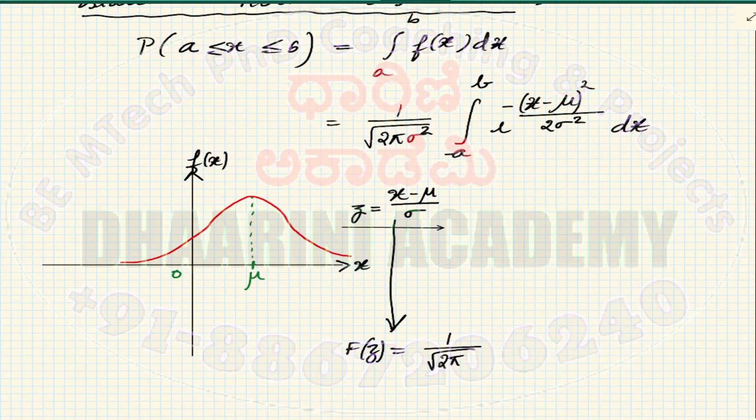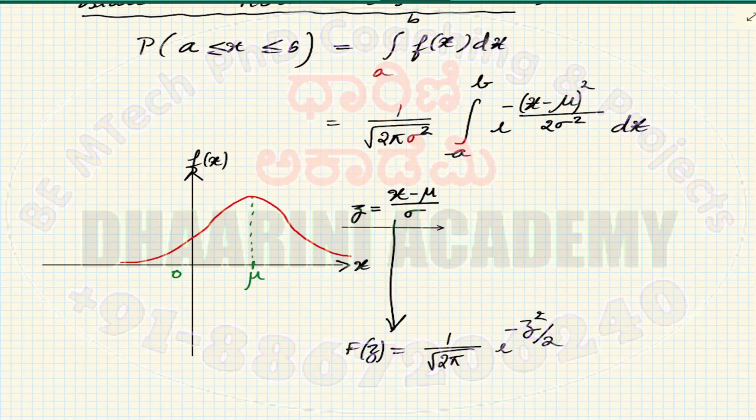The sigma square is going to get cancelled when we simplify, into e to the power minus z square by 2. So this is my expression for f of z.